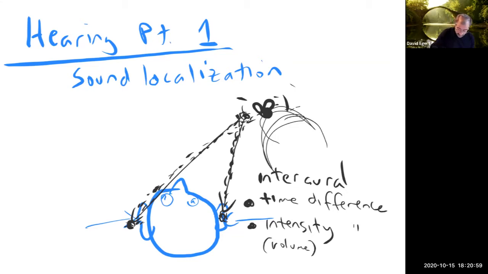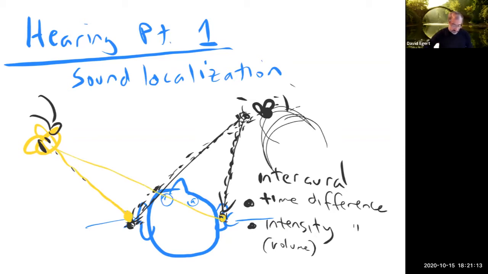If there's some other little dude buzzing over here, it's going to be the opposite. It's going to arrive sooner and be louder in this ear. So using this information, my brain will give me a sense of where in space this sound is originating from.